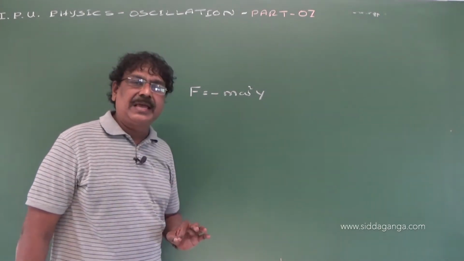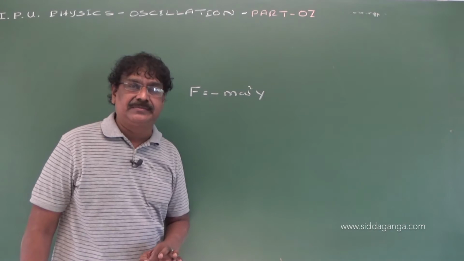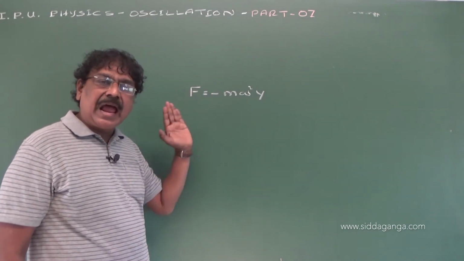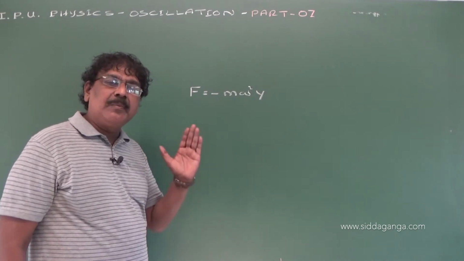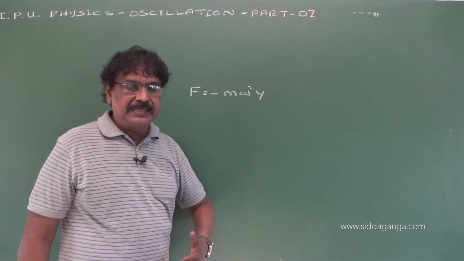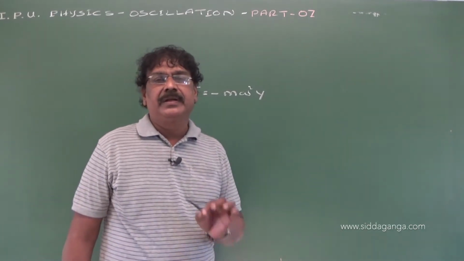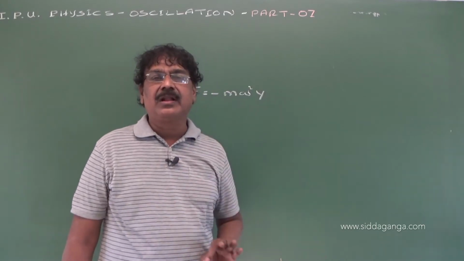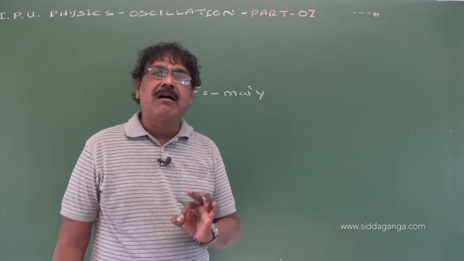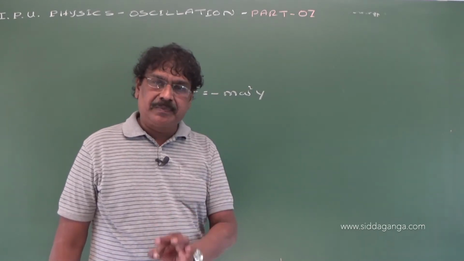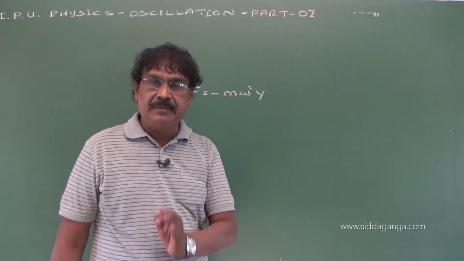The negative sign in this equation indicates that the force always acts towards the mean position. Now we see in a simple harmonic motion, displacement is a vector quantity. The direction of displacement is always from the mean position or away from the mean position.